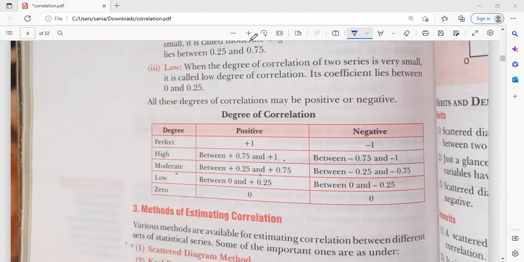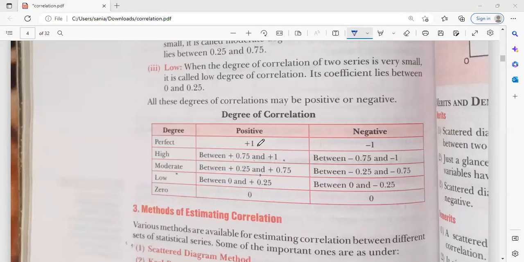Ma'am, should we learn this table by heart for the exam? See, it's very easy. See, perfect, high, moderate, low, 0, right? Perfect is +1, then 0.75 to 1, then 0.25 to 0.75.